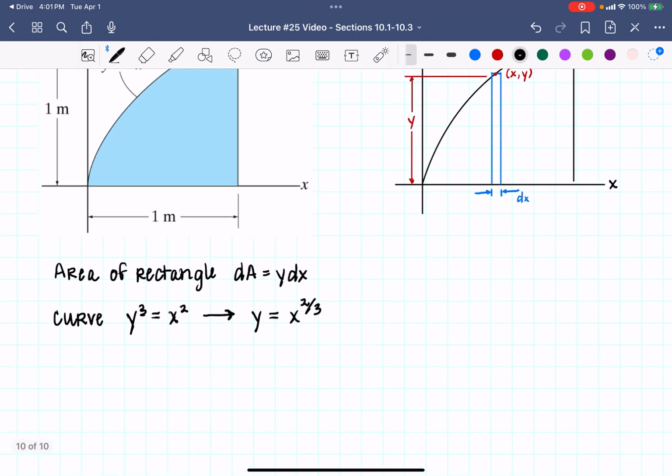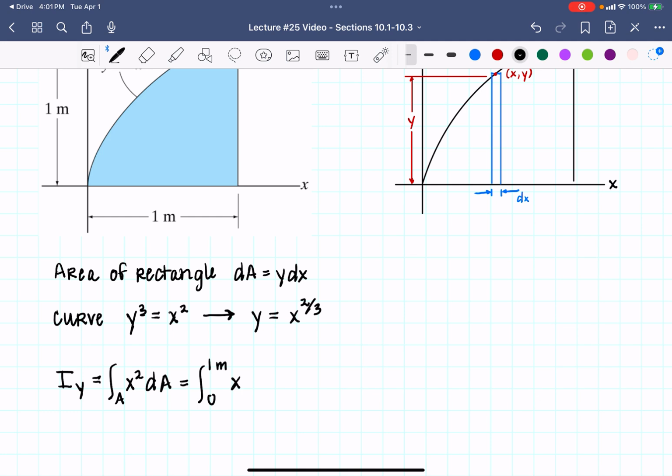So now if I do my moment of inertia about the y-axis, I'm going to have the integral over our area of x squared times dA. Now I'm integrating over x, so my limits are going to be from 0 to 1 meter, because that's what my x limits are.